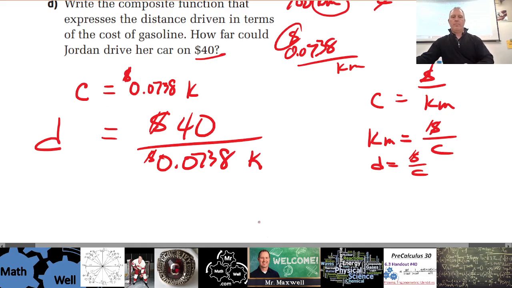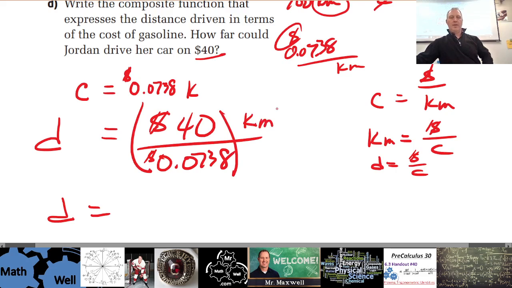Anyways, you guys can do that, 40 divided by this number. Because this is technically per kilometer, the kilometers would be up top if you're dividing by per kilometer. So that's where it goes.